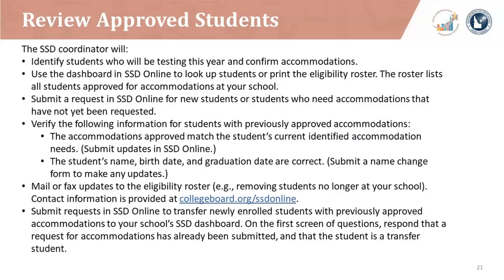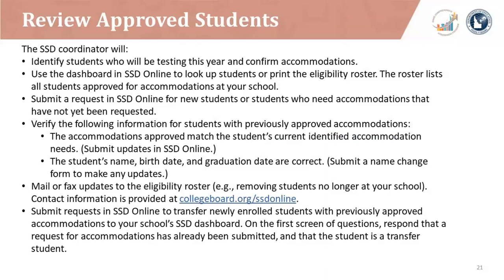The SSD coordinator will typically identify students who will be testing this year and confirm accommodations. Use the dashboard in SSD Online to look up students or print the eligibility roster. Submit a request in SSD Online for new students or students who need accommodations that have not yet been requested.